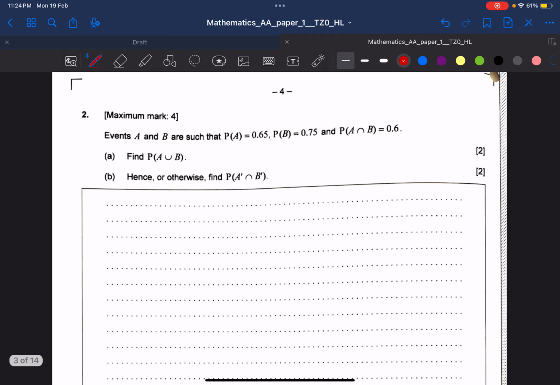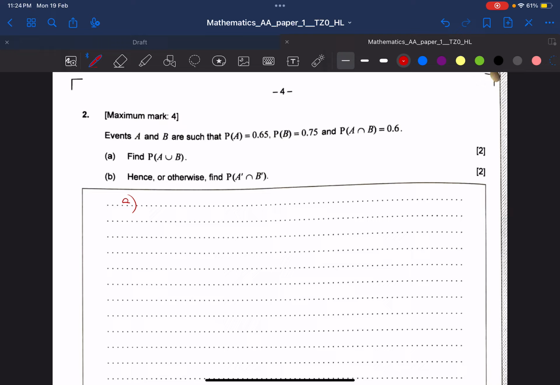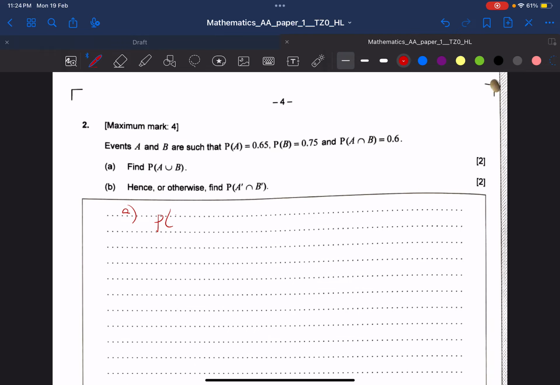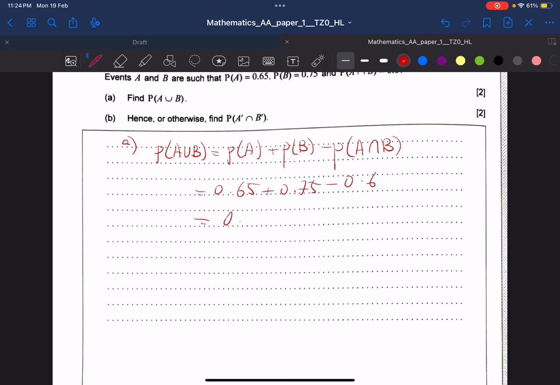The second one is a probability question. I think this is also shared with SL. Just remember in the formula booklet we have P(A) plus P(B) minus P(A and B), so just substitute everything in. That looks something like this, so this will simply be 0.8.